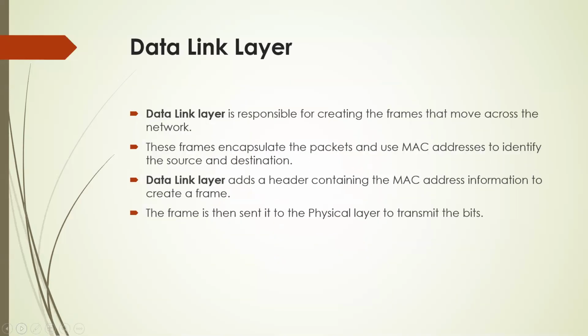Now let us go to data link layer. This is data link layer. This is another layer. What is the role of data link layer? Data link layer is responsible for creating the frames that move across the network. It is the job or feature of data link layer.